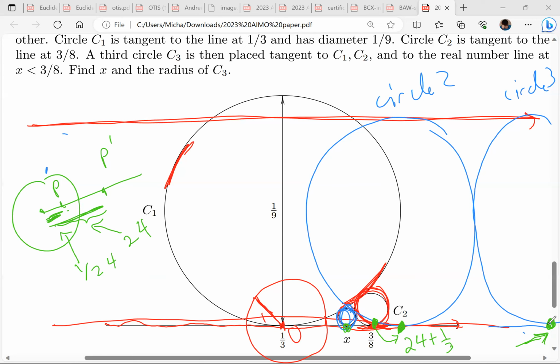Oh yes. Okay. So yeah, it's the same situation, right? Except this point is now going to this point. And this distance is x minus a third, right? So this distance is 1 on 24. It flips to 24. This distance is x minus a third. It flips to 1 over x minus a third.